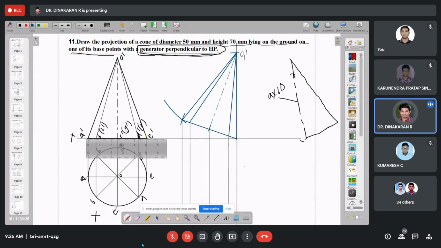O1 dash, A1 dash, B1 dash, C1 dash, D1 dash, E1 dash. Sir, O1 and E1. F1 dash, G1 dash, H1 dash. Did I mark the points correctly? Yes, sir. Okay. Same way from here also.